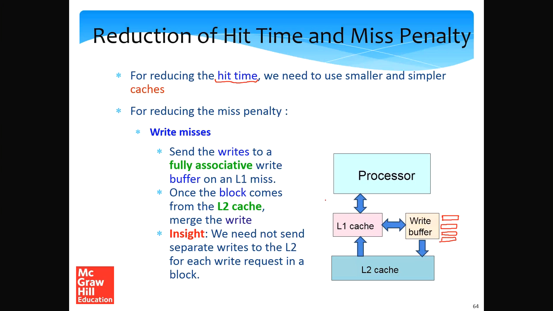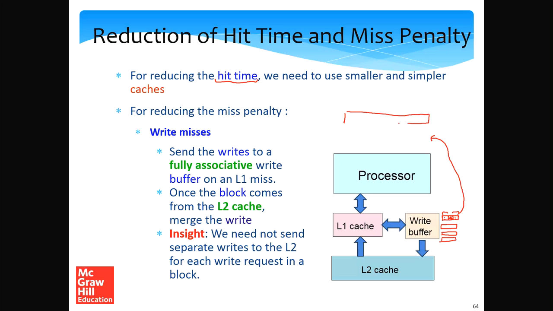So then we do a write. Basically, if you're writing 4 bytes, we write some part of the block, but the rest of the block we don't know because the data has not been fetched. Once the data is fetched from the L2 cache, we populate the rest of the contents of the block. And at the same time, if another request comes, let me expand this, sort of put a magnifying glass.